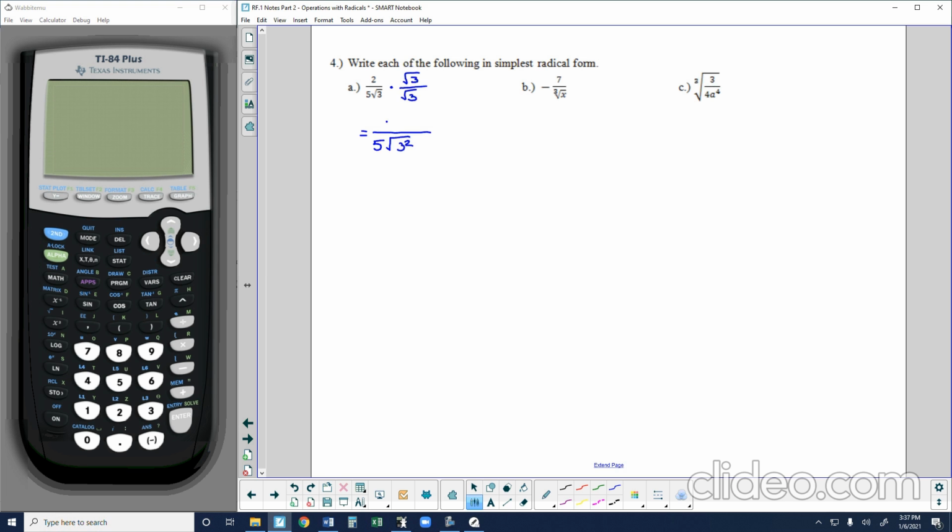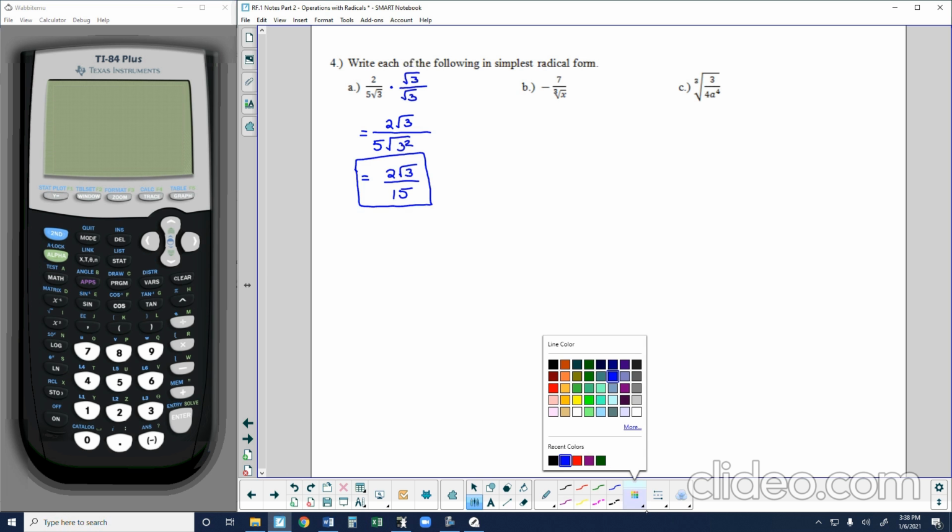That would be essentially multiplying it by 1. What this allows me to do now is take the square root of 3 squared, which is just 3. So this turns into 5 times 3 in the denominator, which is 15. This is an equivalent expression, but it's a rationalized denominator expression of what they gave us originally.